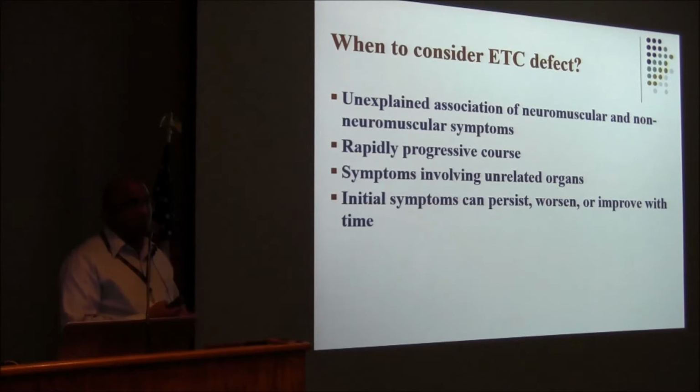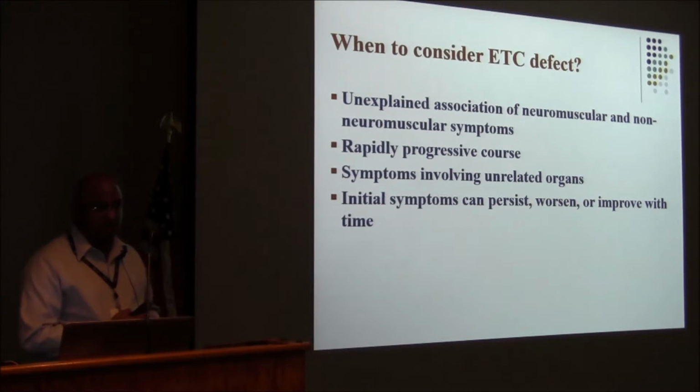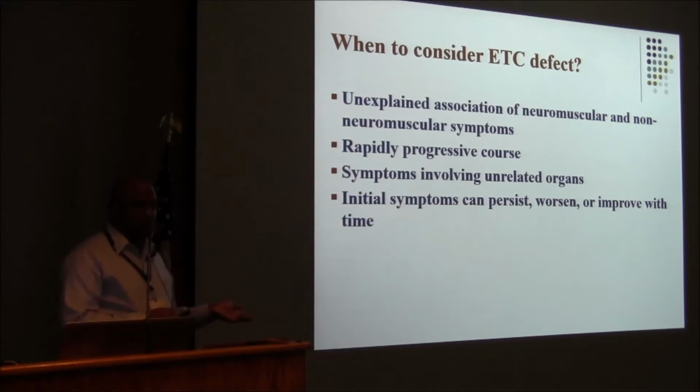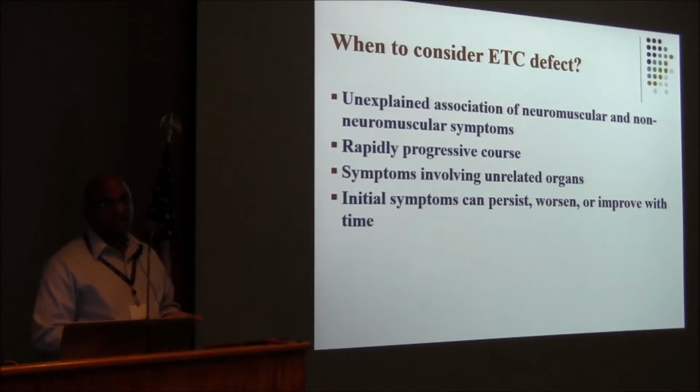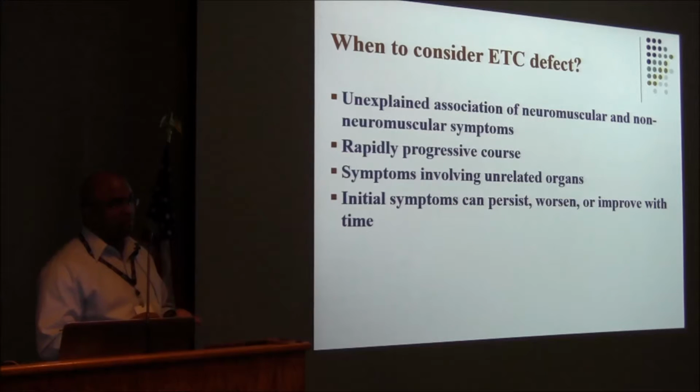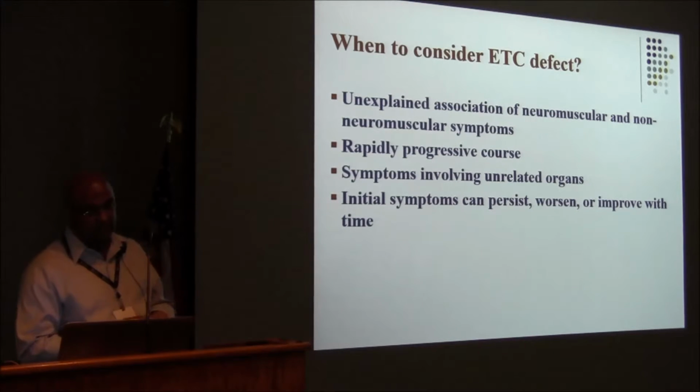So at what point do we consider an electron transport chain defect and not some other mitochondrial defect? The first thing is when you have an unexplained association of symptoms. When you have a GI symptom and then you have a seizure, that's when you should start thinking about an electron transport chain defect.